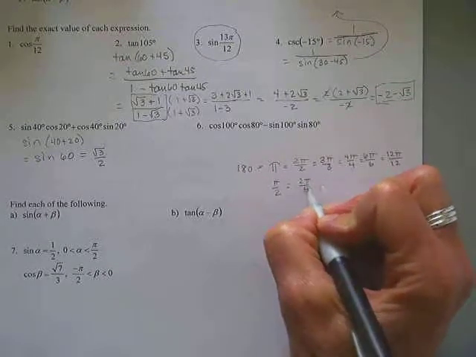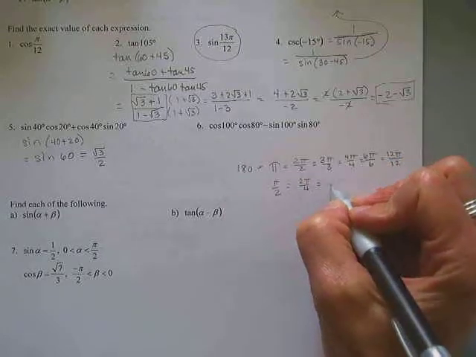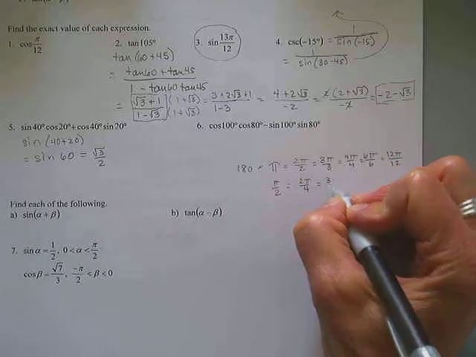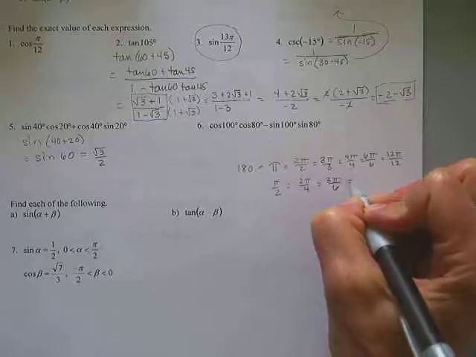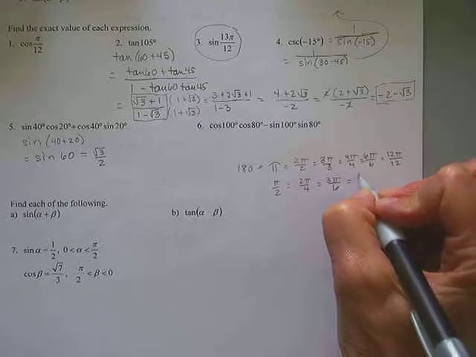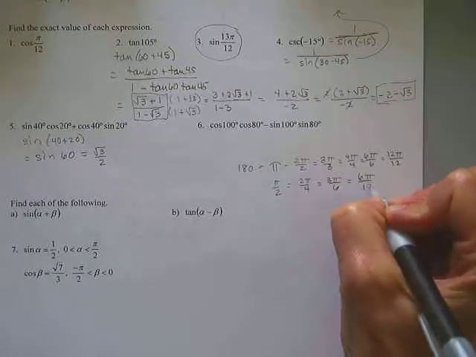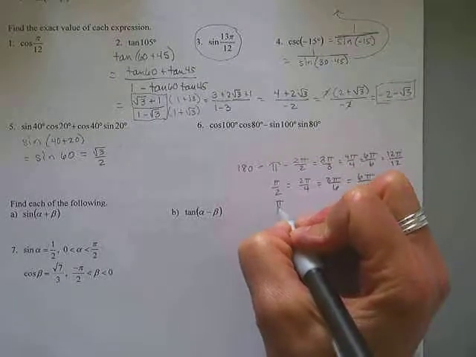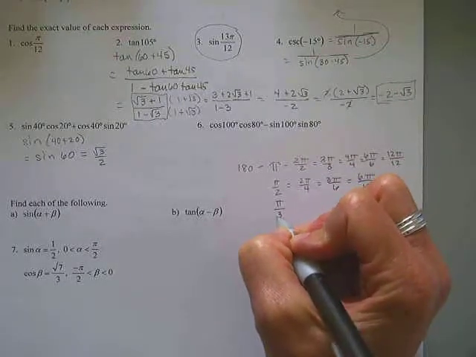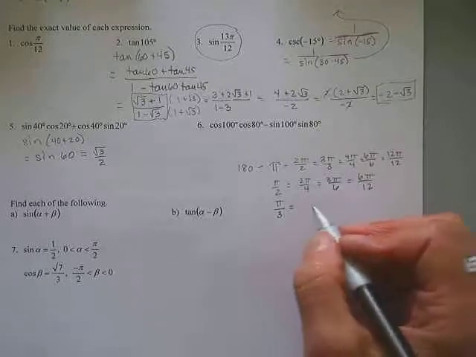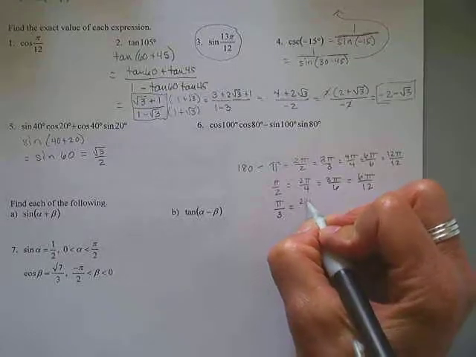It equals 3 pi over 3, 4 pi over 4, and that.